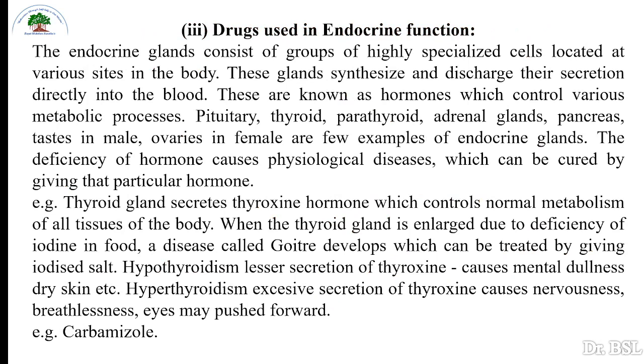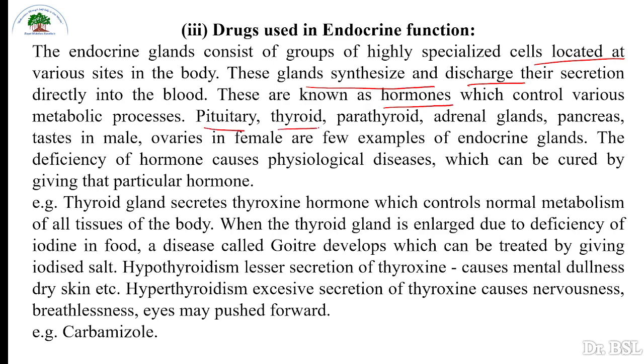Drugs used in the endocrine functions. The endocrine glands consist of groups of highly specialized cells localized at different sites in the body. These glands synthesize and discharge their secretions directly into the blood. These are known as hormones, which control various metabolic processes.